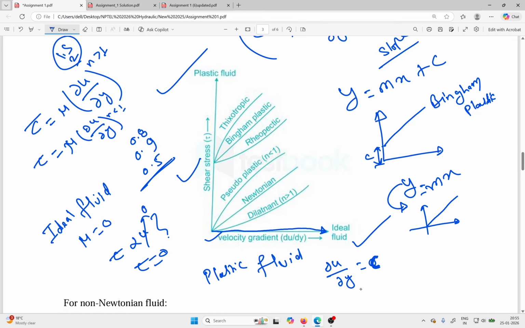For plastic fluid, I think if this is your graph for the plastic fluid, so the velocity gradient will be zero because this line starts from zero. So you can say it's zero consistently. That is the constant value. You can say the zero value is the constant. So hope you understand. For your ideal fluid, your shear stress will be zero. For plastic fluid, your velocity gradient will be zero.